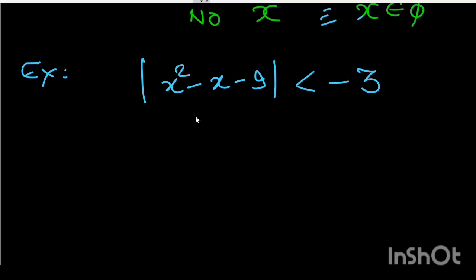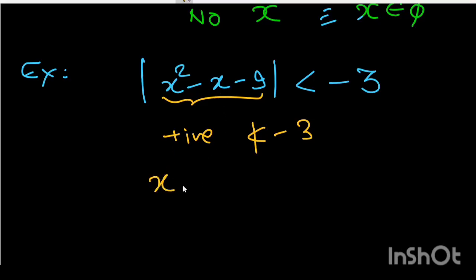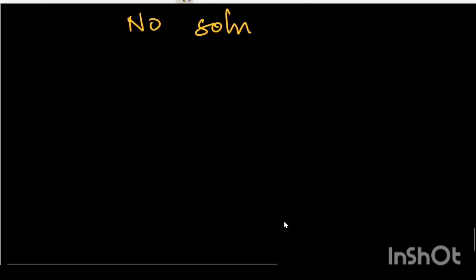Again, whatever x is substituted here, the modulus of x² - x - 9 will give a positive value or 0. So lesser than minus 3 doesn't hold. This will never be less than minus 3. So here also we can say that x is phi, or this inequality is inconsistent, or it has no solution.